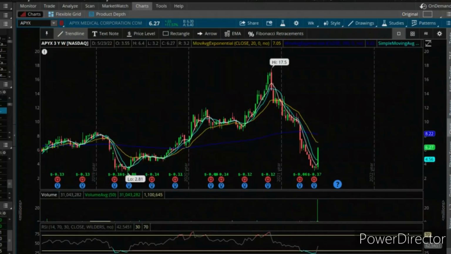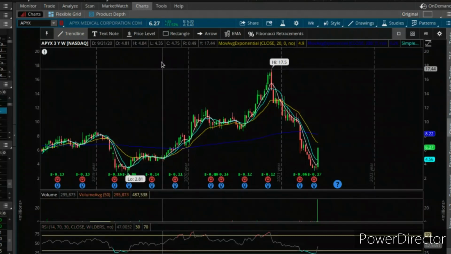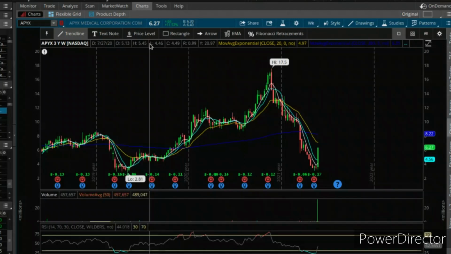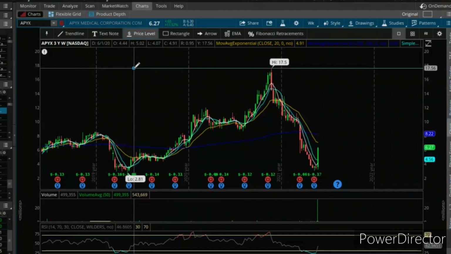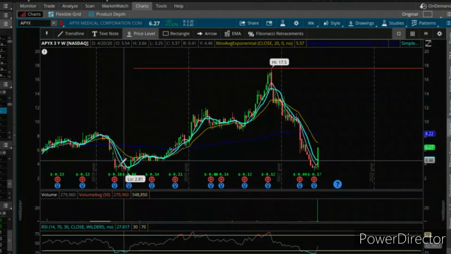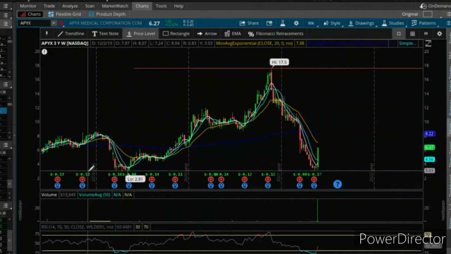All right. So, like I said, I usually pick the top, the highest point on the chart. We can put one here. And the lowest. The lows run around here.